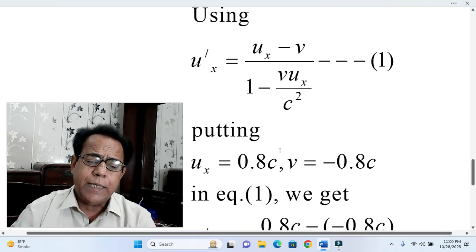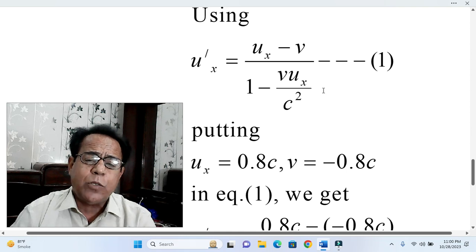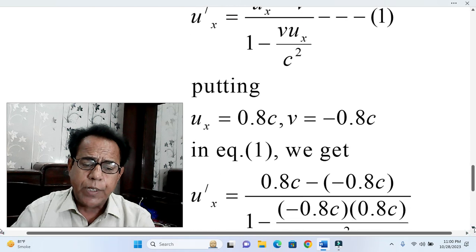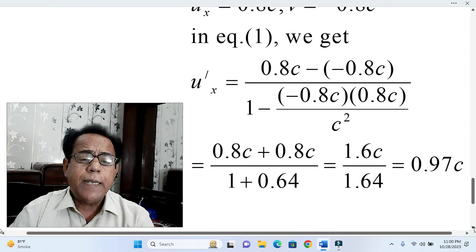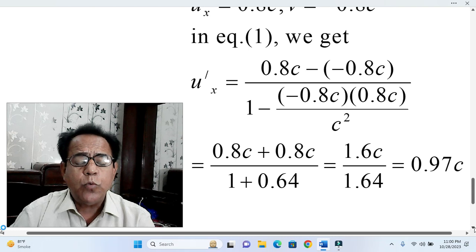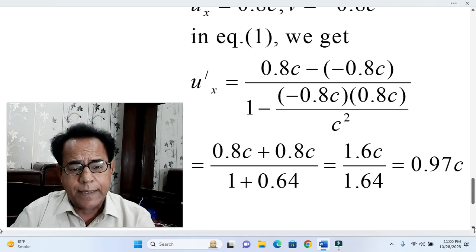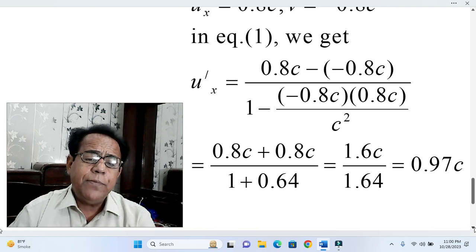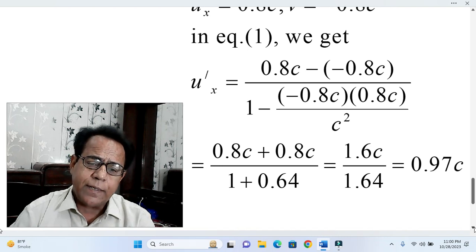Putting these two values in equation number 1, we get u dash x equal to 0.8 c minus minus 0.8 c divided by 1 minus 0.8 c into minus 0.8 c over c square.